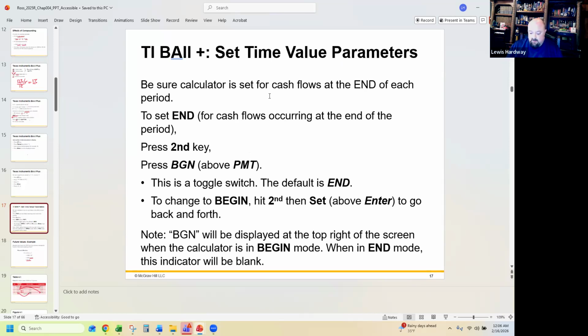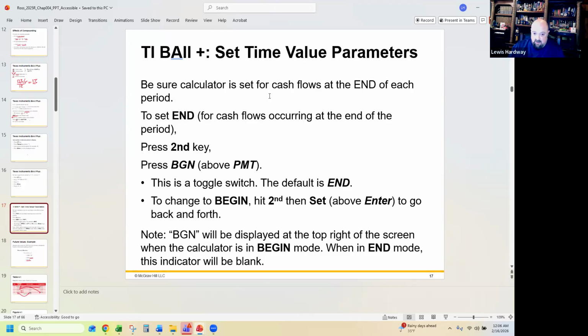If we hit second on your calculator and then the payment button, which is the begin button, the BGN, it comes up and the calculator itself will say end on it.